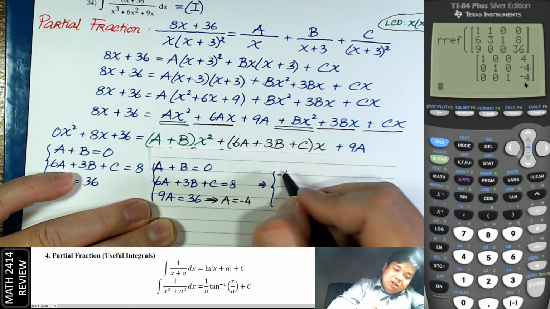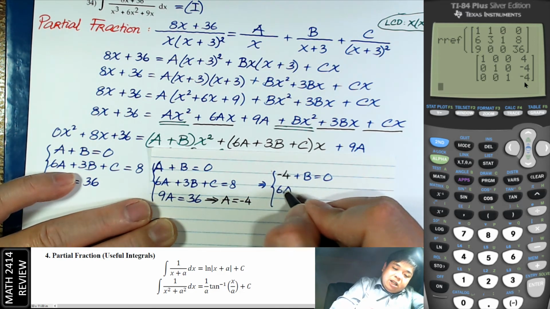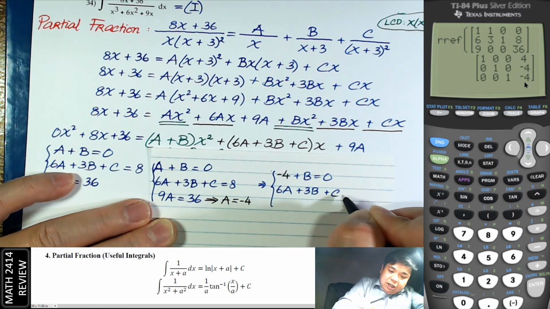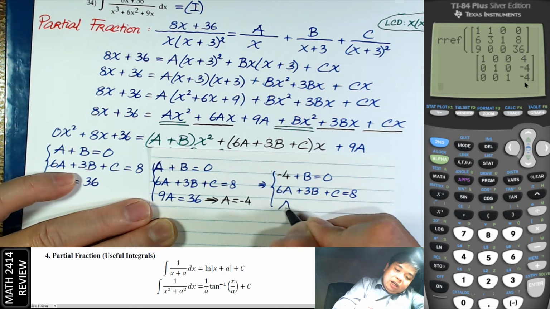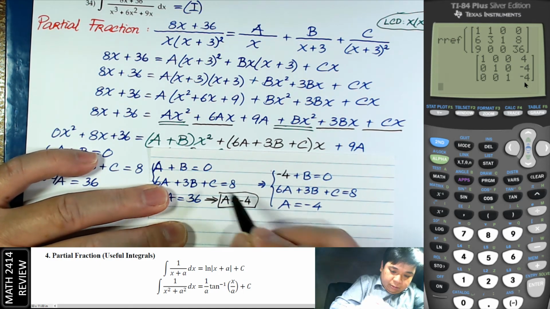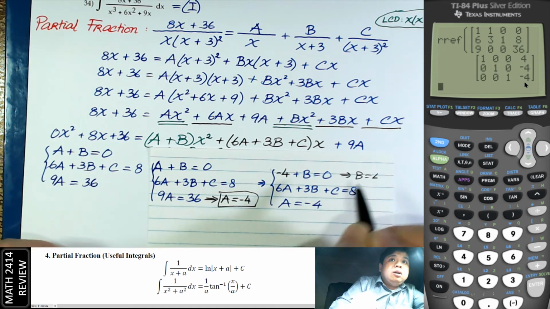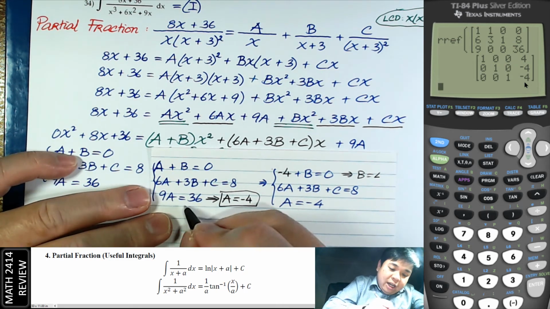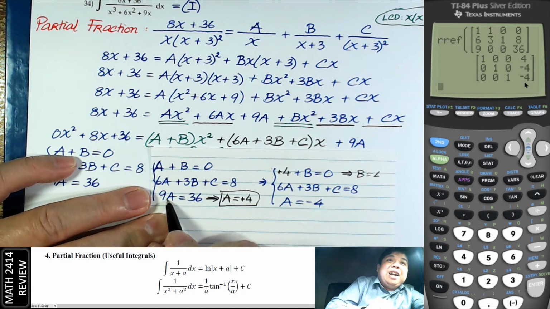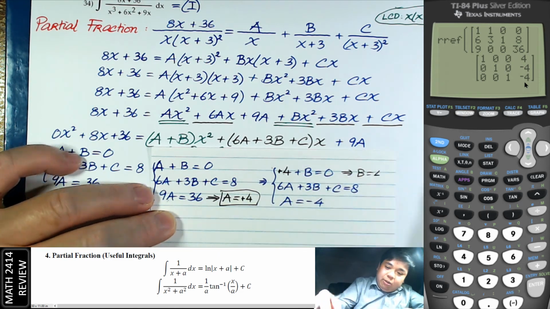Of course I substitute in there too, but yeah, one step at a time. And still have 6A plus 3B plus C equal to 8. Now we do know A is equal to negative 4. From here we can say that B must be equal to 4. I'm sorry, A here is positive 4. Sorry, 9A is 36, so A is 4. So B is negative 4.